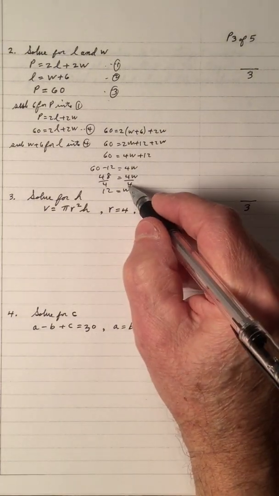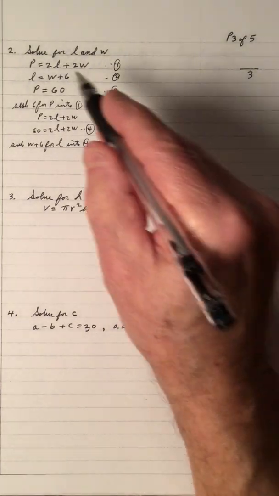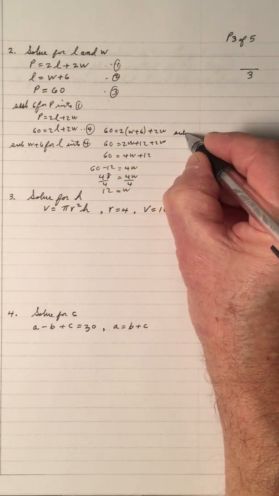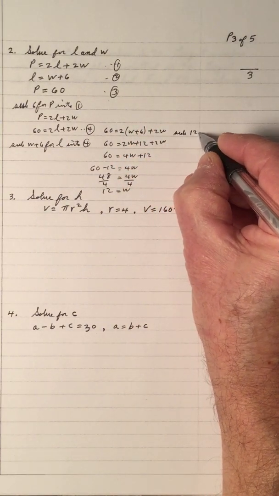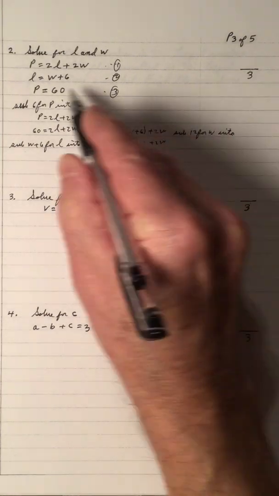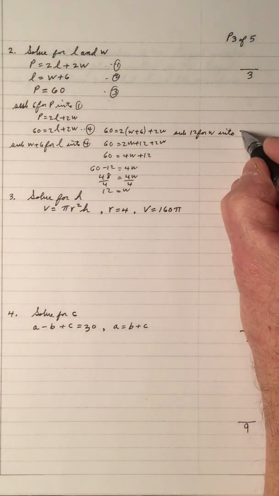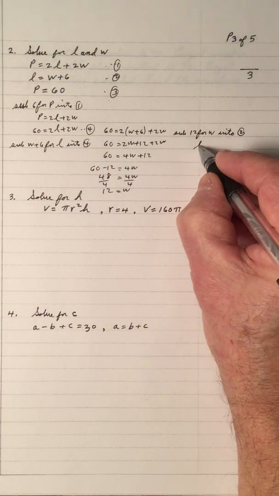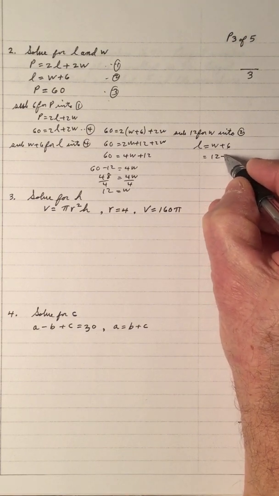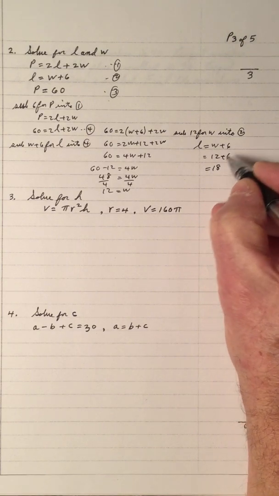Now I'm going to sub 12 for W into number 2. Number 2 is L equals W plus 6. 12 plus 6 gives me L.